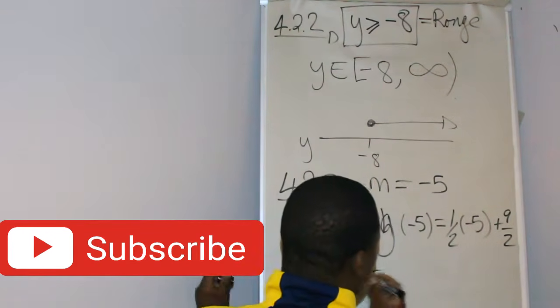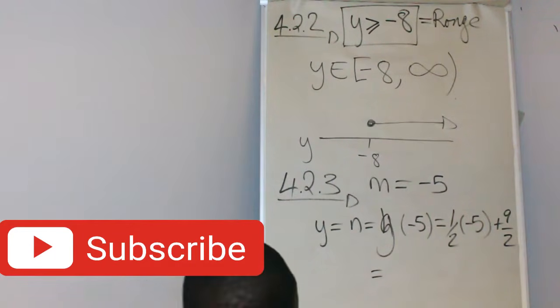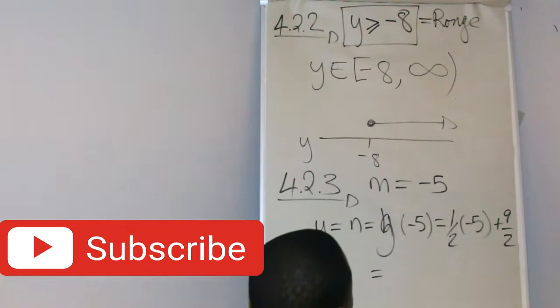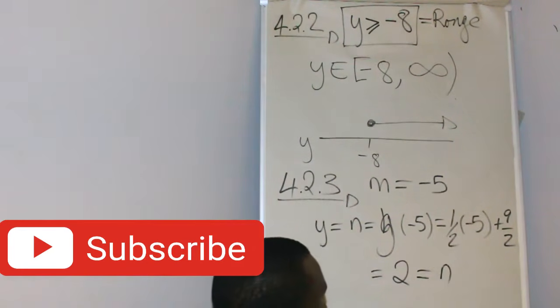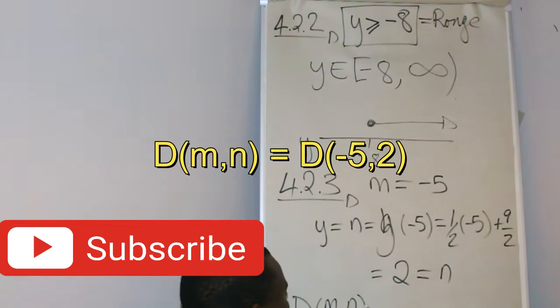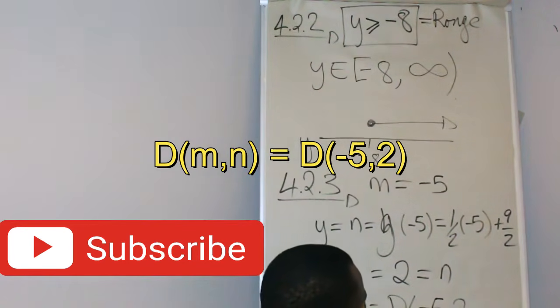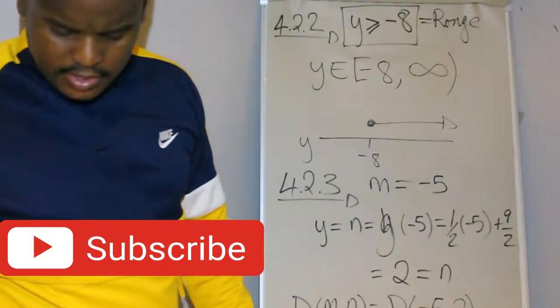Then you punch all this into your calculator: -5/2 plus 9/2. So your corresponding y value is equal to 2, which means this is your n. So D, which is made by m and n, is D (-5; 2). From this question, easy. Then you go to the next question.